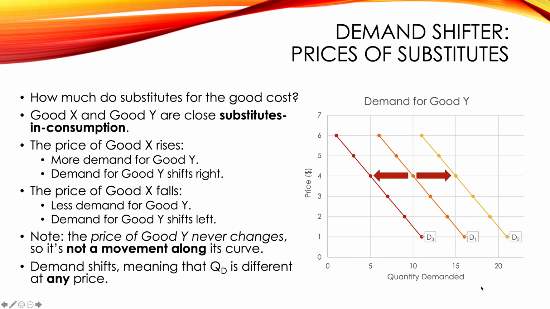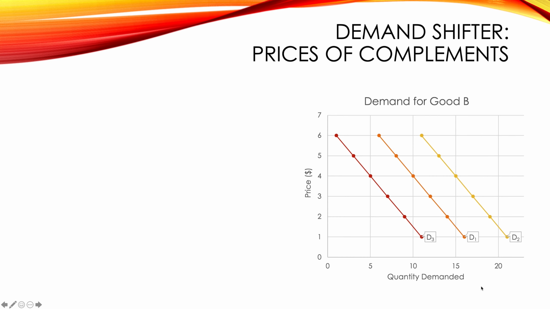All right, now the final shifter here is actually pretty similar. It's about a relationship between two types of goods, only on this next slide we're not dealing with substitutes in consumption, we're dealing with complements in consumption. So the question here is, how much does a complement for the good cost? First, we should talk about what a complementary relationship is.